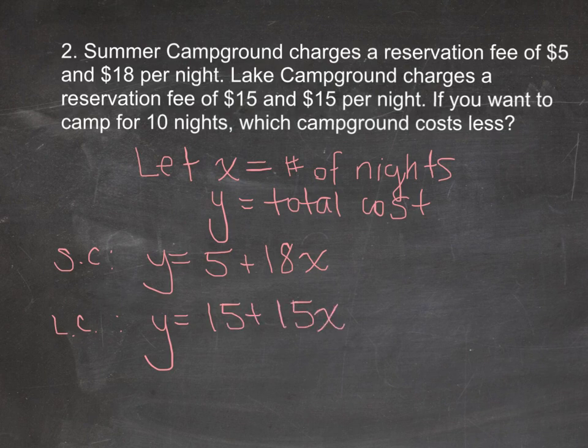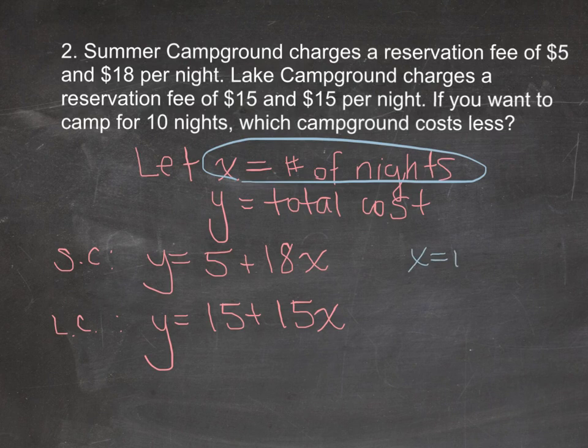Okay, so the question was asking for 10 nights, which campground would cost less? Here I said let x equal the number of nights. So in both linear equations, I'm going to substitute in x equals 10 and see which one is cheaper. In the first equation, if I put in x equals 10, I'll have y is equal to 5 plus 18 times 10.